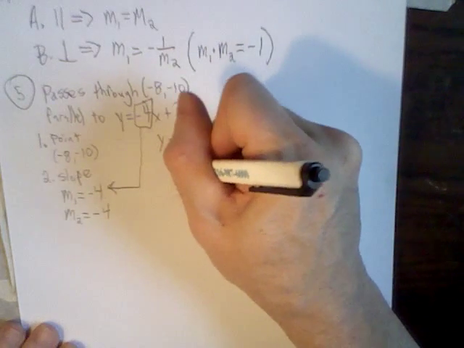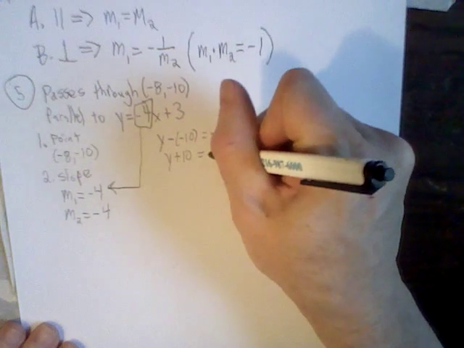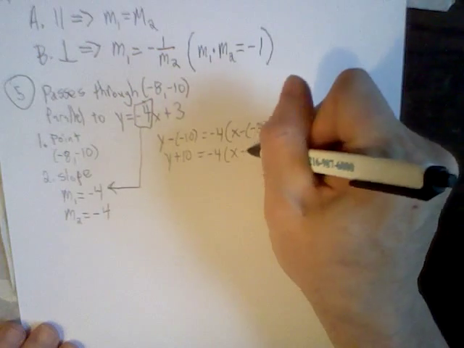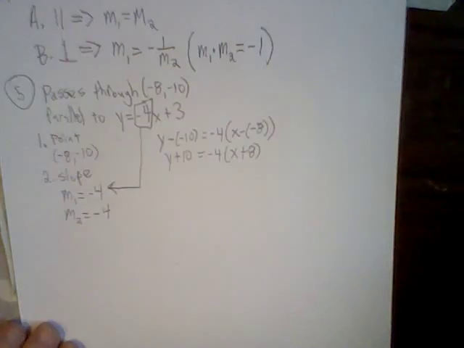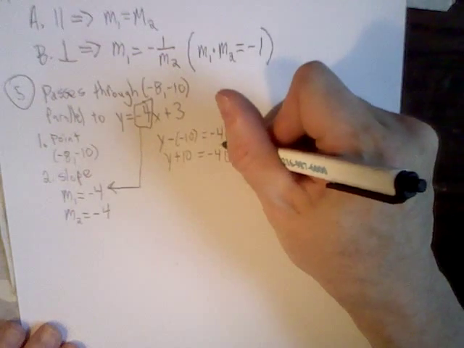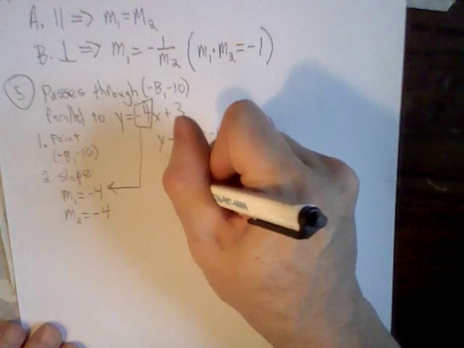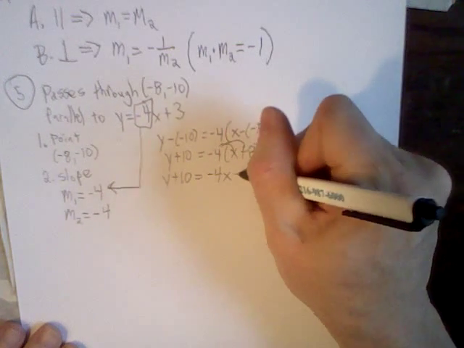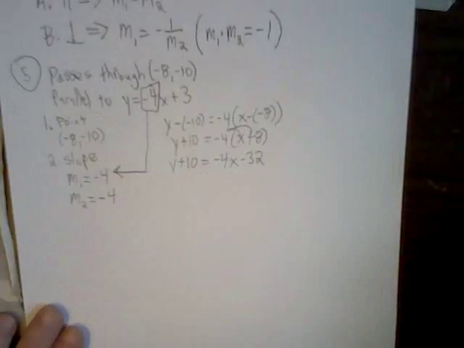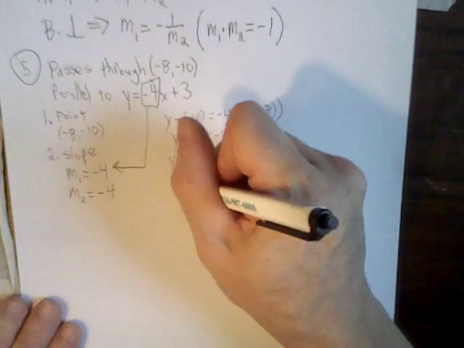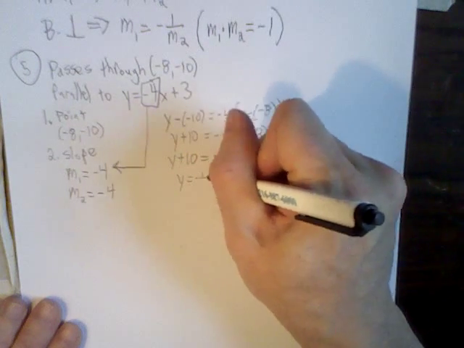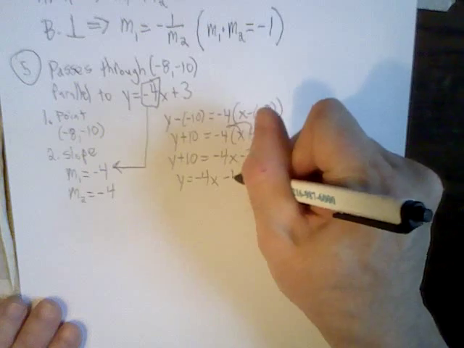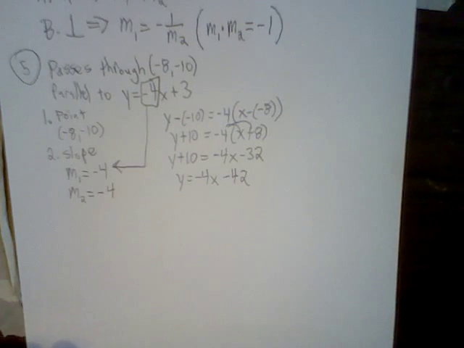I'm simplifying, so y plus 10 is -4 times x plus 8. Distribute the -4. Okay, so you'll have y plus 10 equals -4x minus 32. And then you'll have y equals -4x minus 42, and then that's it.